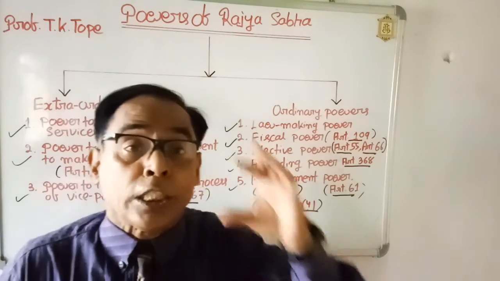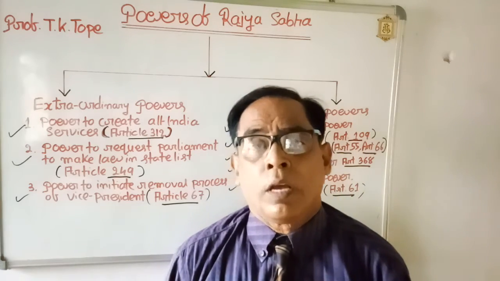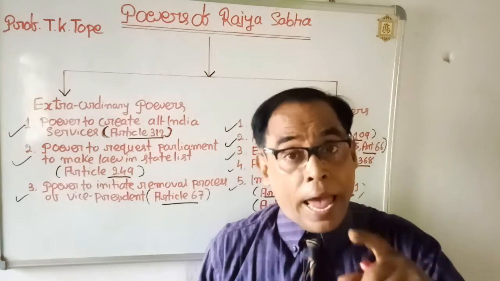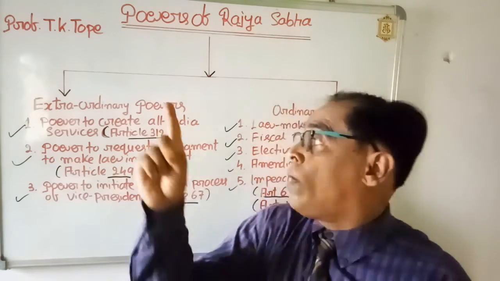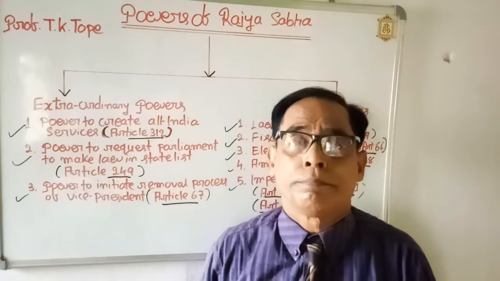So, in this video, we have discussed the powers of Rajya Sabha. Rajya Sabha has mainly 2 kinds of powers: extraordinary or special power, and ordinary power.